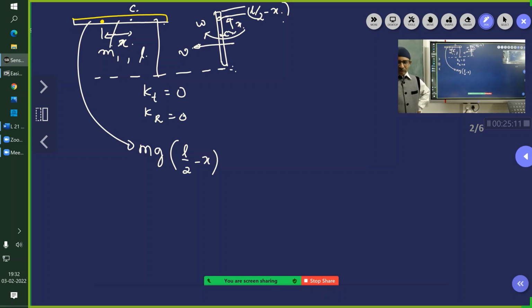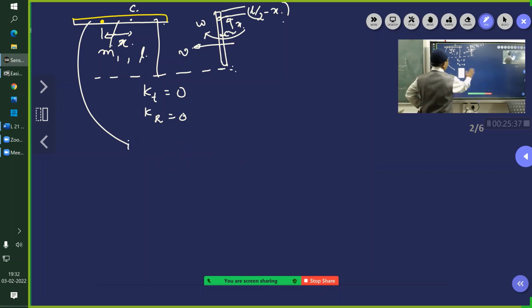Come on, don't simply copy it. What will be the potential energy of the rod? mg into L by 2 plus x.